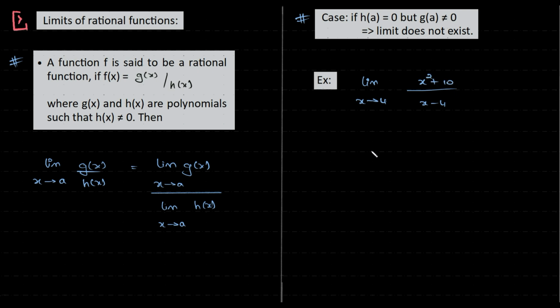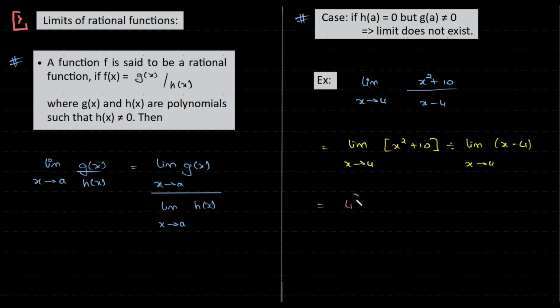So we know that we can apply the limit to both the numerator and denominator separately: x square plus 10 in the numerator, and x minus 4 in the denominator as x tends to 4. This is a polynomial function, so I can apply the limit directly.